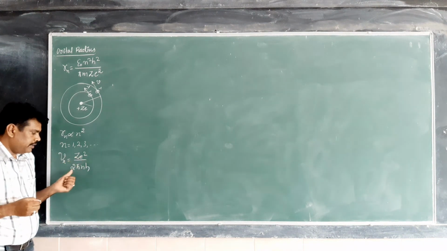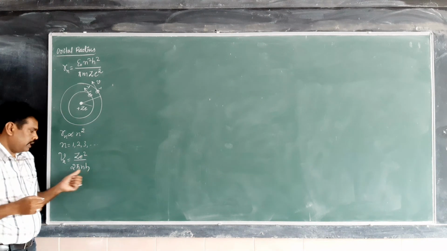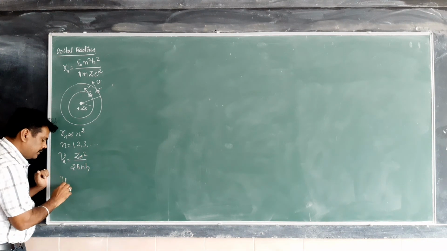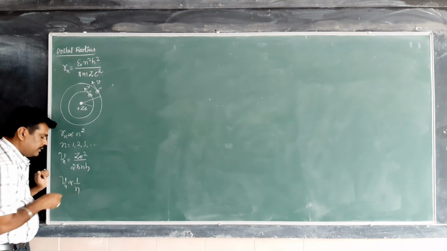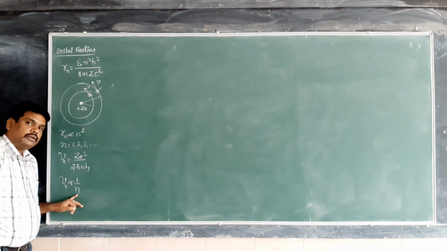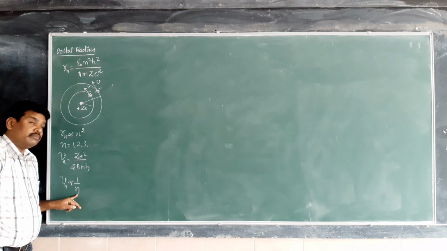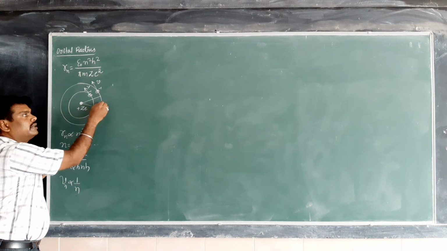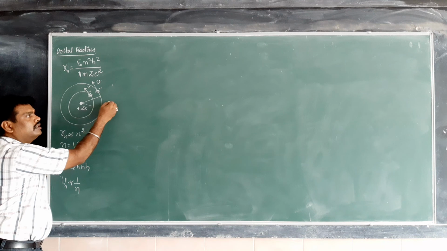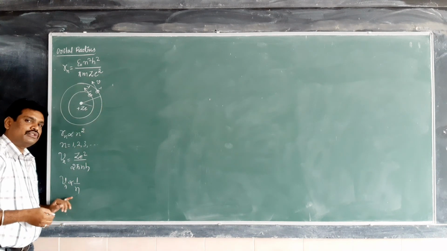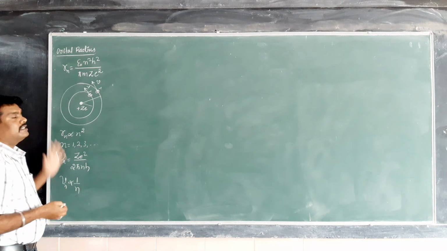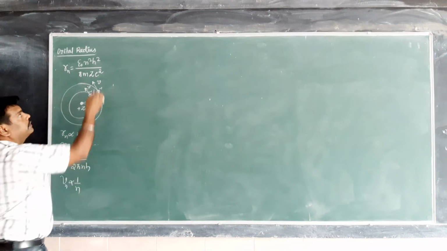According to this formula, the speed is inversely proportional to the principal quantum number. If the orbital radius goes on increasing, the speed of the electron goes on decreasing. So that is the representation of these two equations.